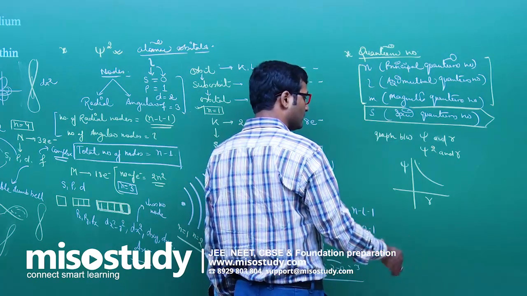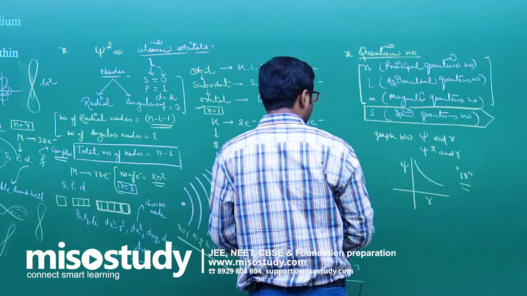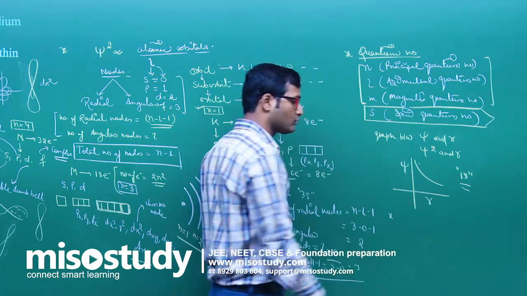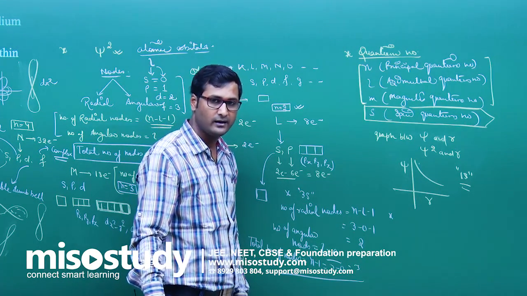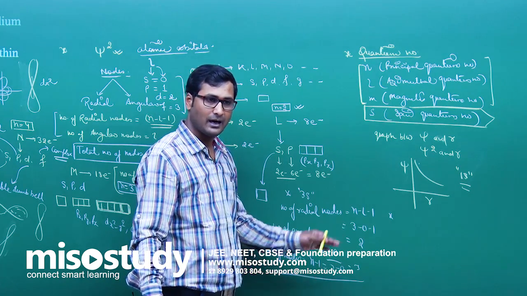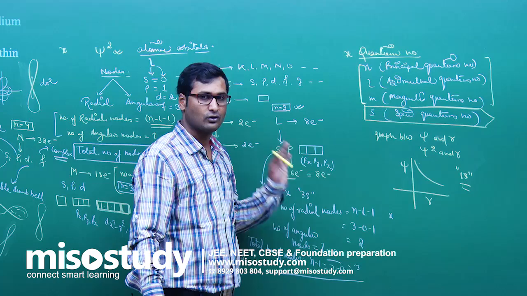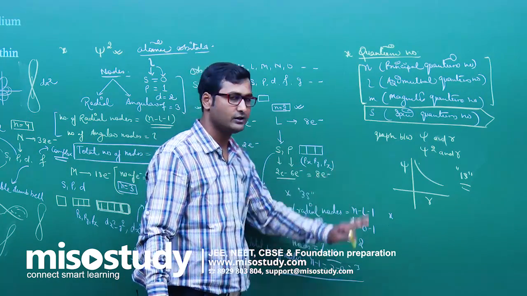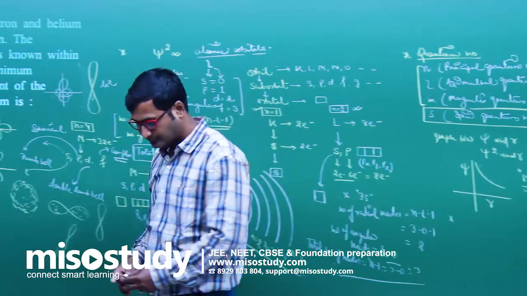Similarly for 2s, 3s we can draw the graph by using the formula. Then the simple rules: Hund's law of maximum multiplicity, Aufbau principle, n plus l rule, Pauli exclusion principle. I think that is sufficient for you. You can easily solve the question if you have a command over this topic. Clear my friend?